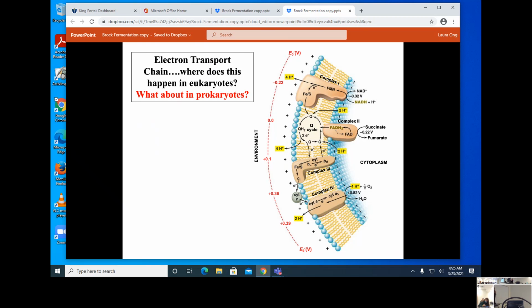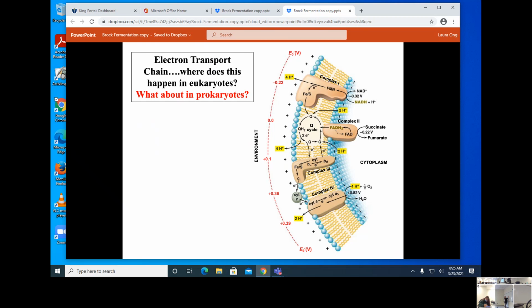When we start talking about anaerobic respiration, or really any type of respiration, if we're saying the word respiration in a metabolic sense, that term implies that there is ATP synthase working together with an electron transport chain.